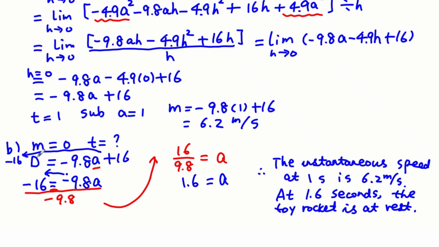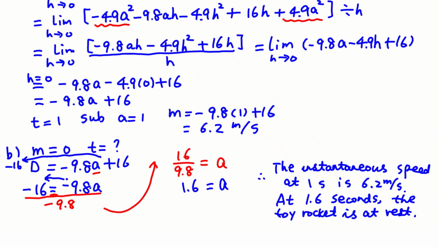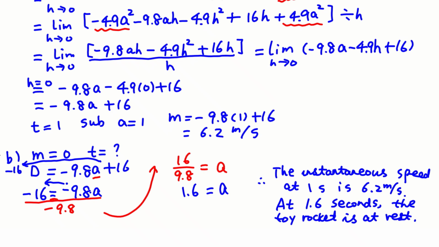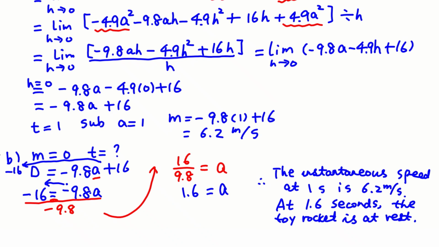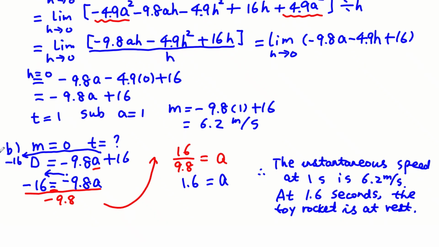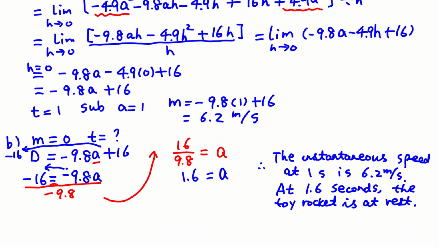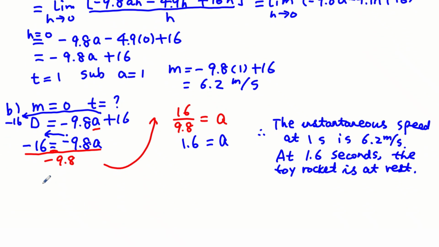So in this lesson, what we have covered is finding the average rate of change and the instantaneous rate of change. And the question that you need to ask yourself is: is it the average rate of change, or the instantaneous rate of change you are looking for?